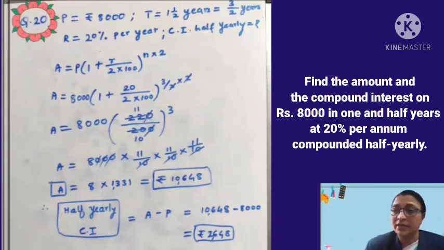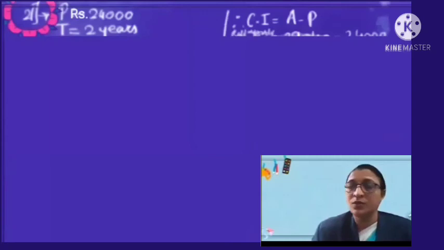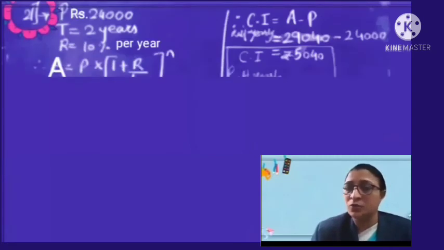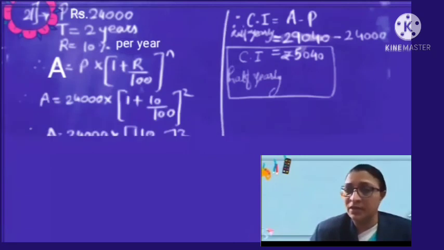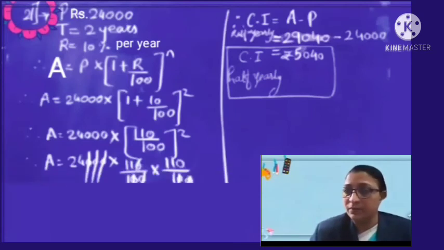Now move to the next question. Question 21. Here, at the principal of rupees 24,000 for 2 years at the rate of 10%, we have to calculate compound interest half yearly.